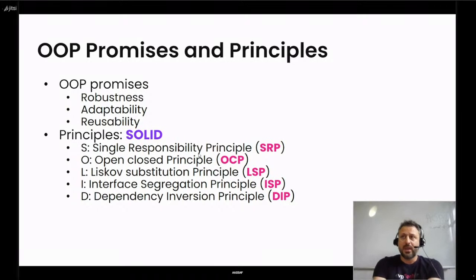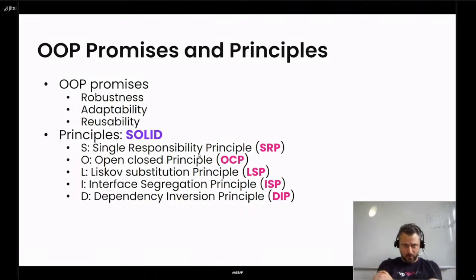But how? By enforcing the application of the principles we call SOLID, a term we hear about every day. SOLID means S for single responsibility principle, which means each class should provide a single responsibility. Open-closed principle, Liskov substitution principle, interface segregation, and dependency inversion principle.